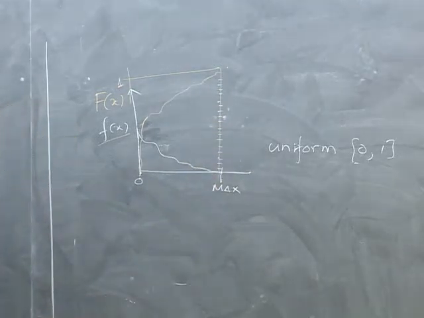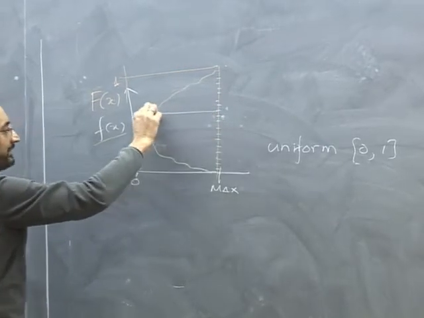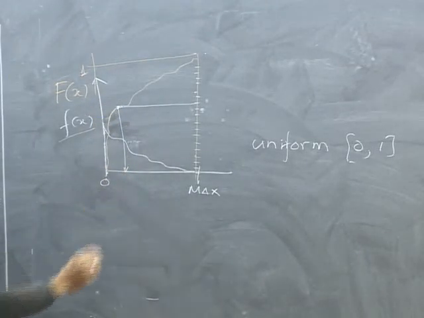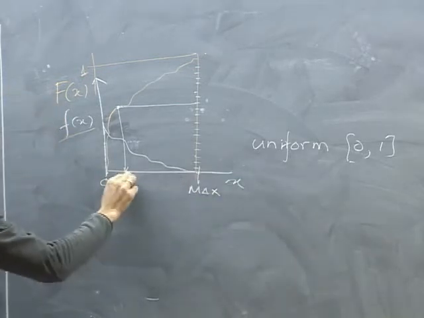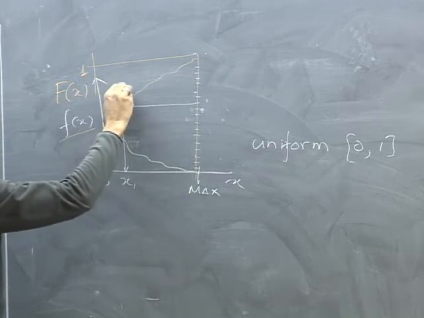When you generate a uniform value, let's say you pick this one, that tells you some value of F, and then you look back down over here, and that tells you some value of x. So let's say this one is x1, this is F of x1.